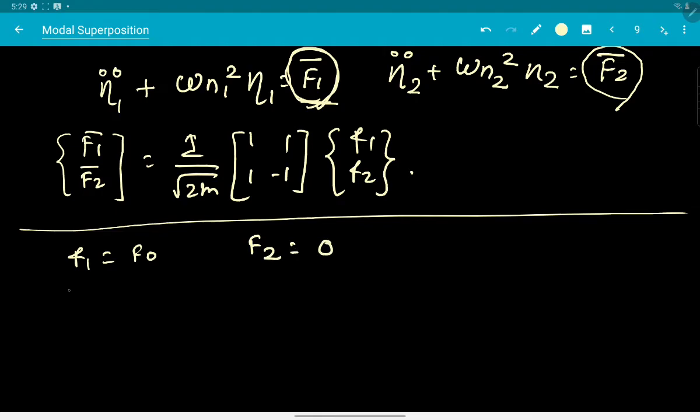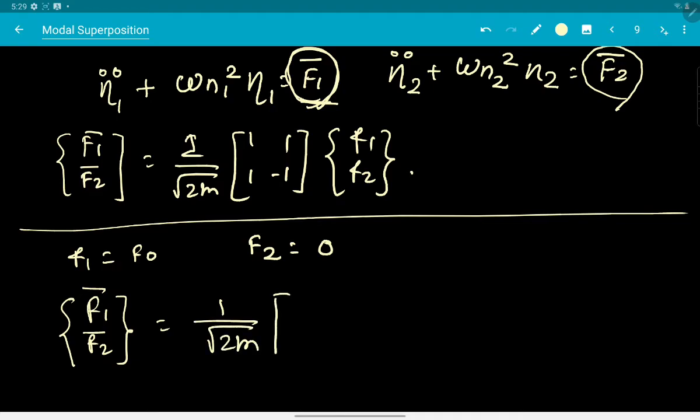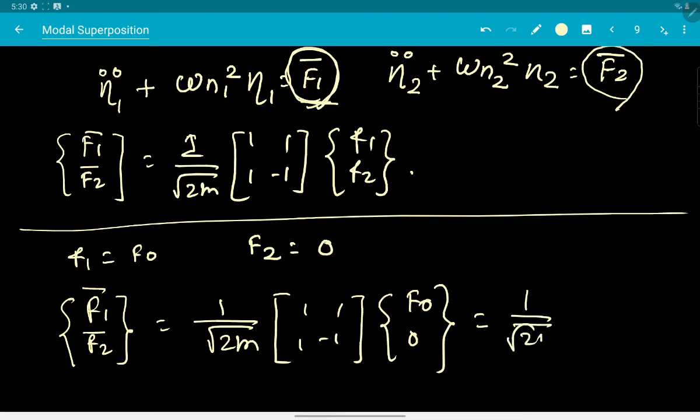If it is so, then f1 bar, f2 bar will be equal to 1 over square root of 2m, matrix 1 1, 1 minus 1, operated on f0, 0, which comes out to be 1 over square root of 2m times f0 for both. This essentially means that the force which acts on each of the eigenspaces is identical, right?